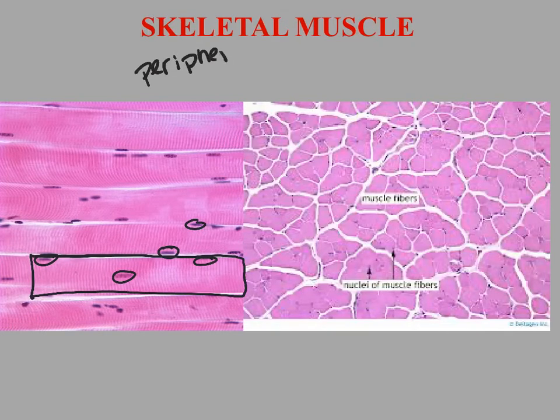The nuclei are going to be what we call peripherally located, meaning they're only around the outsides of the cell, around the periphery. Now you might be like, well, Bridget, that one looks like it's right smack dab in the center and it's not around the periphery. And that's just because of the view you're looking at. You're looking down on this cell.